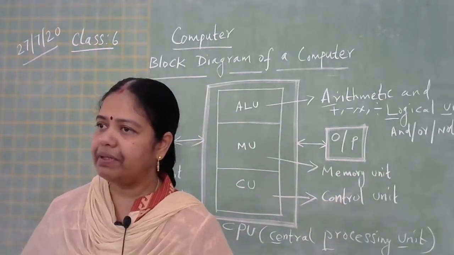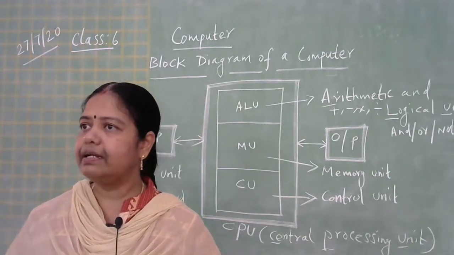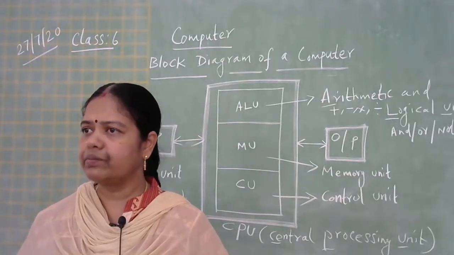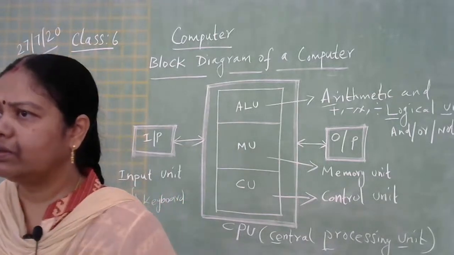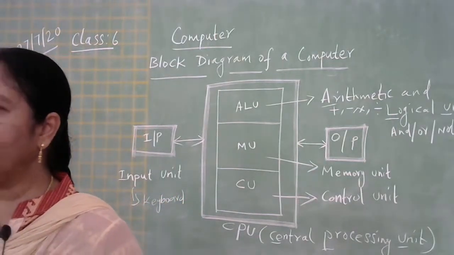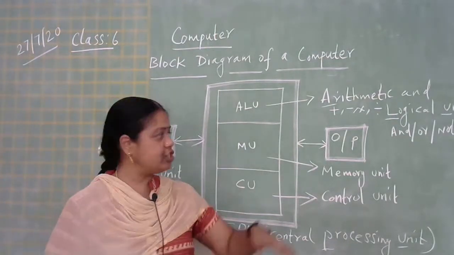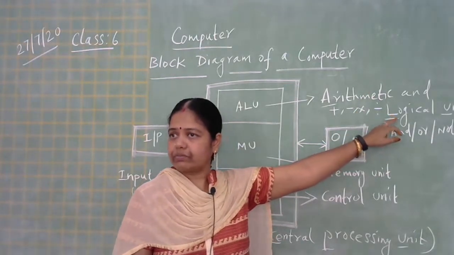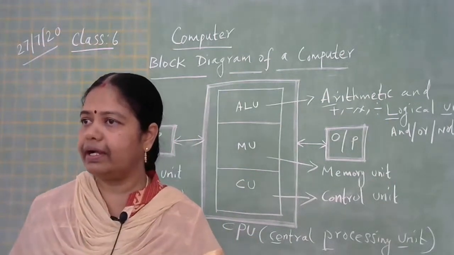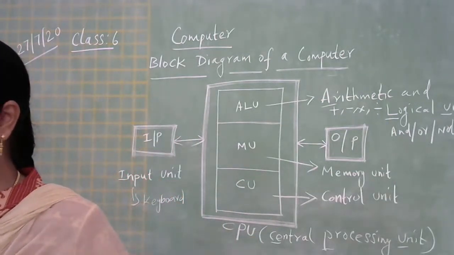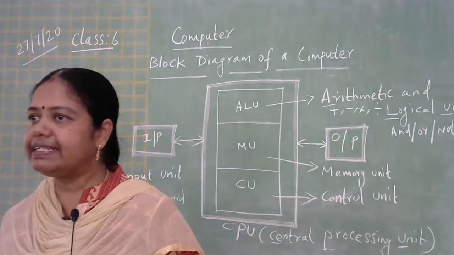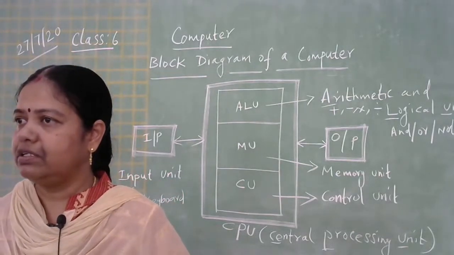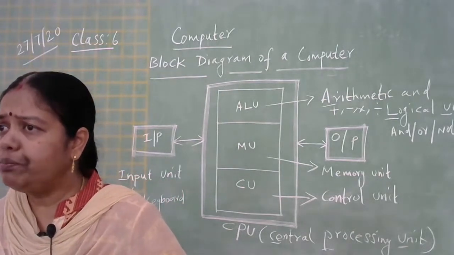Yes, very good. Some other children are giving answers. Keyboard, mouse. ALU, arithmetic and logic unit. Yes, very good. Speaker is the output device. Speaker is not an input device.